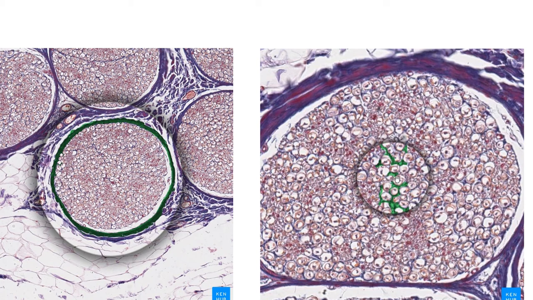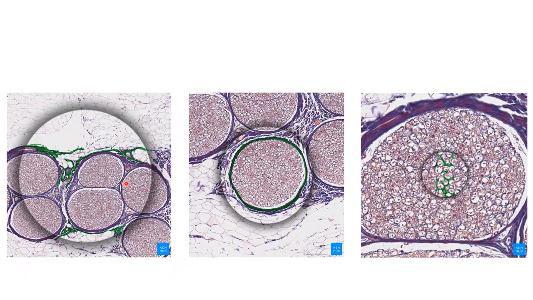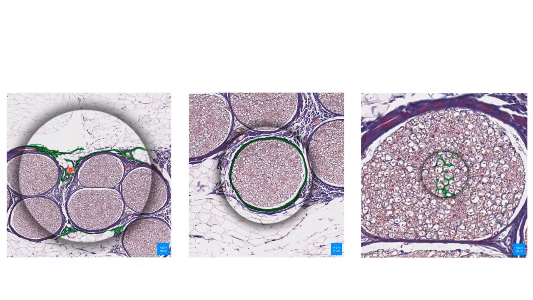So each of the nerve fiber is covered by this green color endoneurium. So as you can appreciate, epineurium covering the whole of the bundle, perineurium covering each of the fascicle, and then the endoneurium, which is the innermost covering.